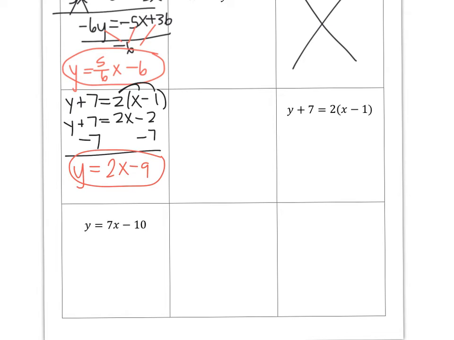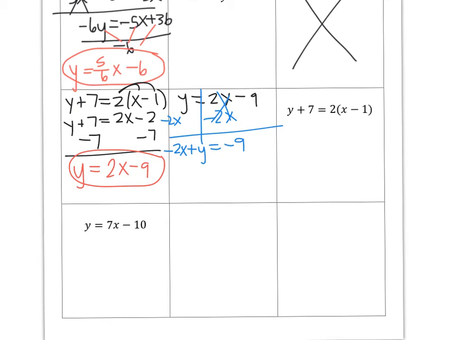Now I'm going to use that, and I'm going to get that into standard form. So I'm going to rewrite that right in the standard form box, and I'm going to solve. So I'm going to subtract the 2x to the other side, and I get negative 2x plus y equals negative 9. And I can't have a negative first term.